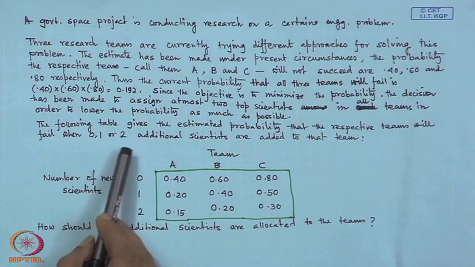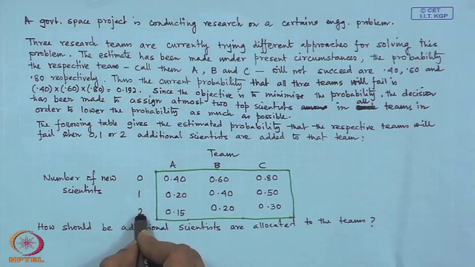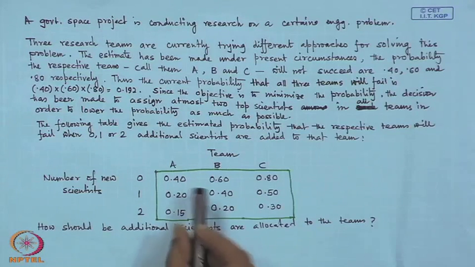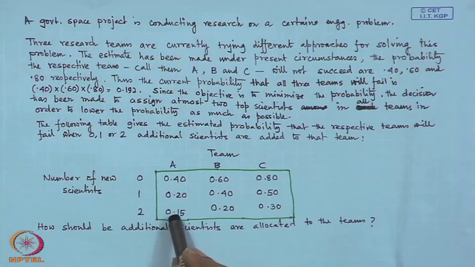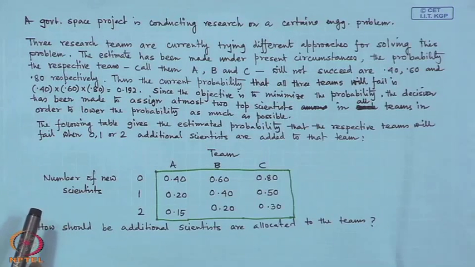Similarly, if 2 additional scientists are added, the situation is a little better. The probability of failure is coming down to 0.15, 0.20, 0.30, but we wanted to reduce the probability of failure while the total number of scientists is 2. Therefore, which team the additional scientists should be allocated to is the question for us.